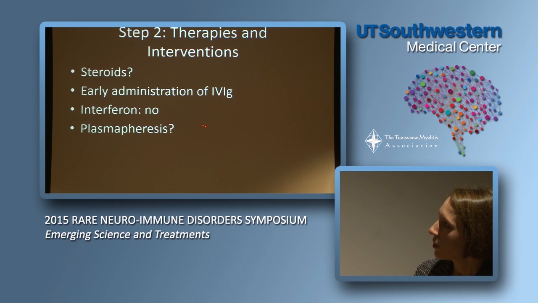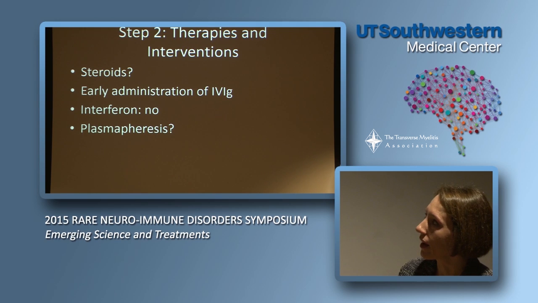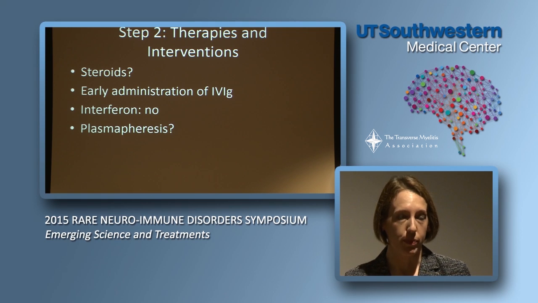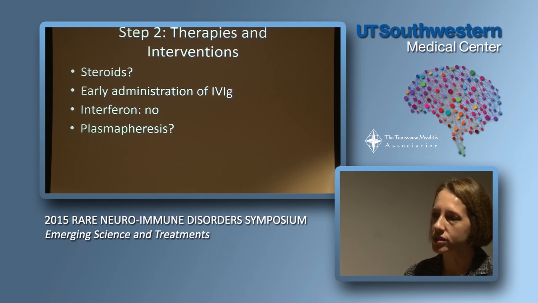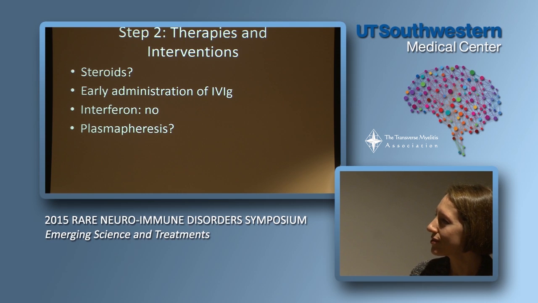The group came out, and I'm going to simplify, on the fence about whether steroids or this blood cleaning procedure were really going to help. They felt like intravenous immunoglobulin might help, based on what we know about how it works and what it's been used to treat in the past. And this other category of drugs called interferons, they said, no, don't worry about those.